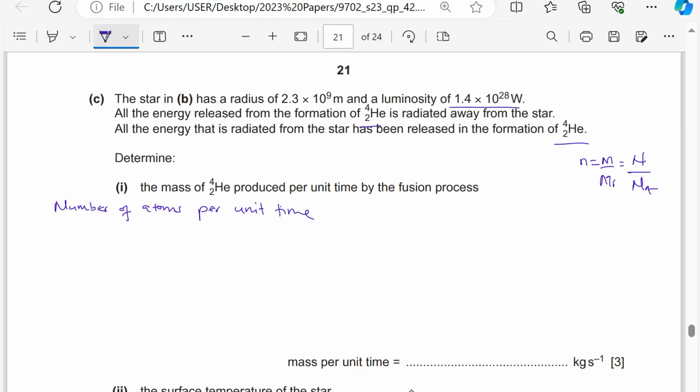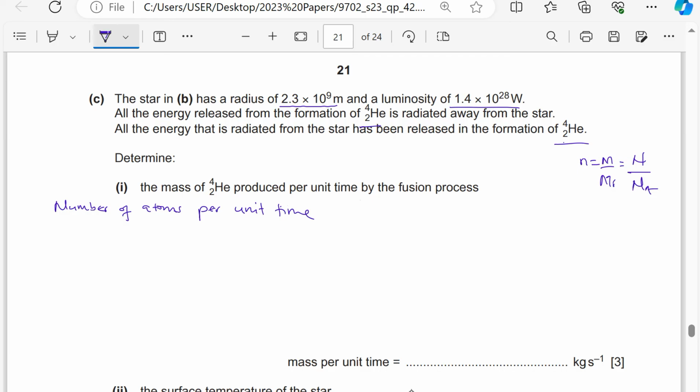But then they said the star in B has a luminosity of 1.4 times 10 power 28 watts, and all the energy radiated from the star has been released in the formation of helium.